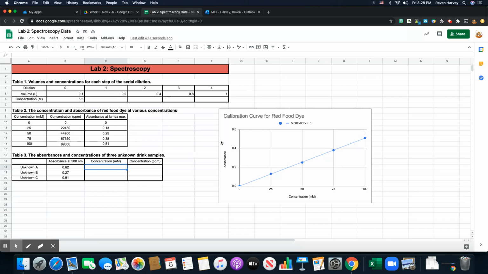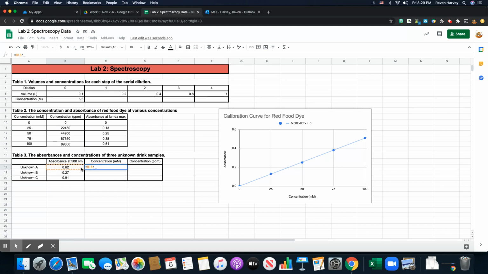So if I know that absorbance equals this slope times concentration, I'm going to rearrange this equation to essentially be concentration equals absorbance divided by the slope. Okay, so concentration equals the absorbance divided by the slope.